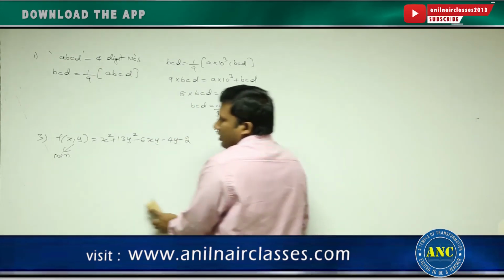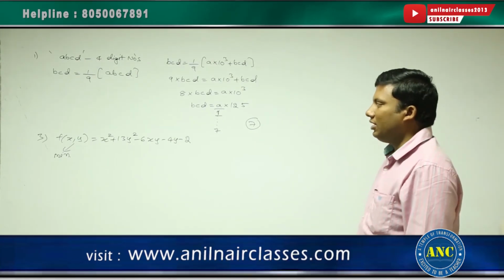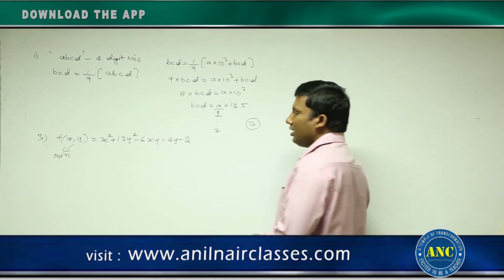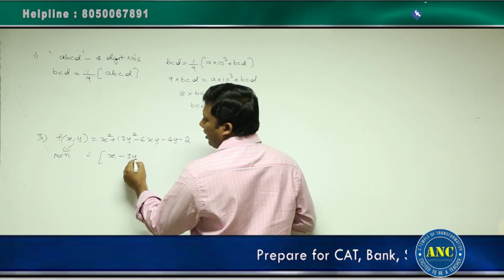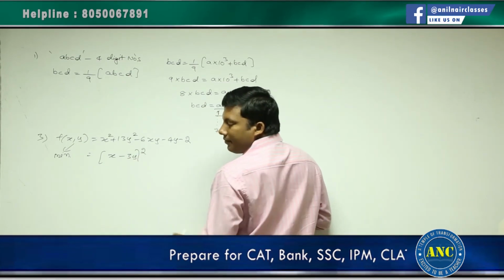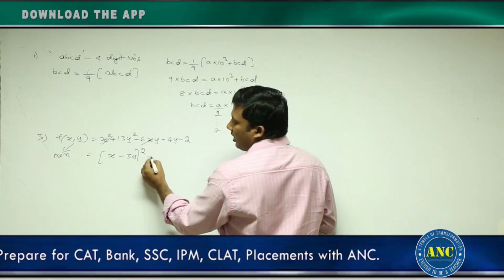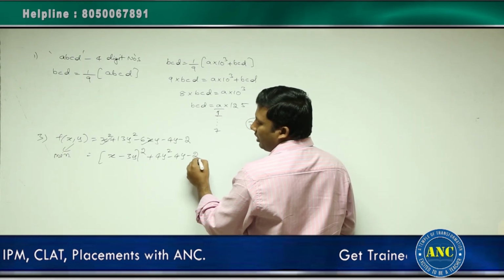This is also an easy question. F of x comma y is x square plus 13y square minus 6xy minus 4y plus 2. So this can be written as x minus 3y whole square, x square minus 6xy plus 9y square, plus 4y square minus 4y plus 1, plus 1 minus 3 minus 2.